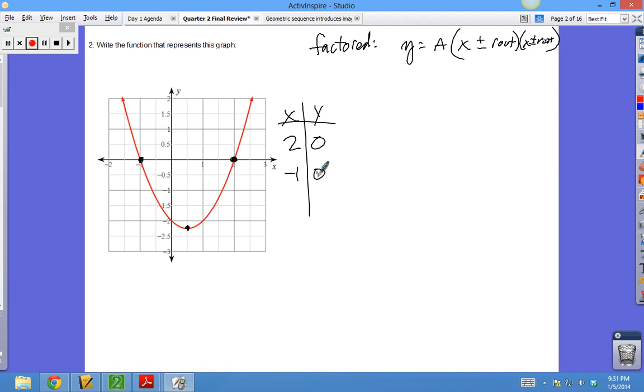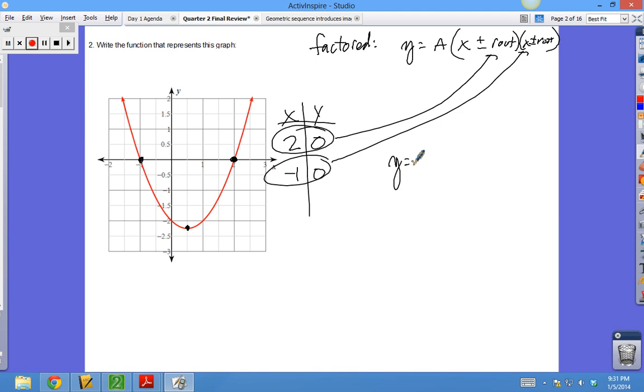These are my 2 roots. So I am now going to plug these roots into the model. But it's kind of tricky. y equals a(x)(x). The trick is the sign. Is it going to be positive or negative? So the 2, is it a +2 or a -2?